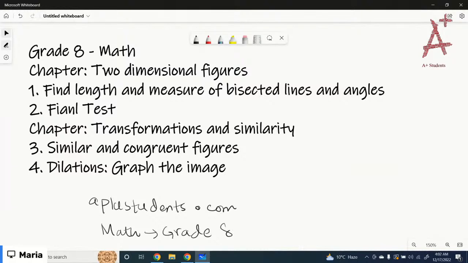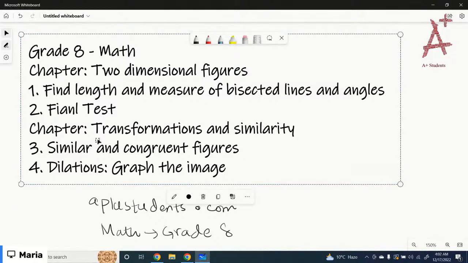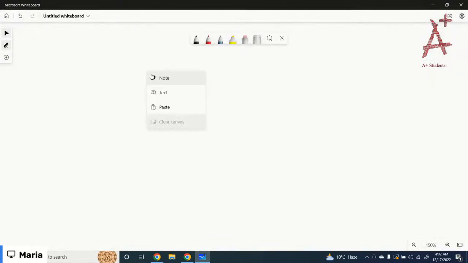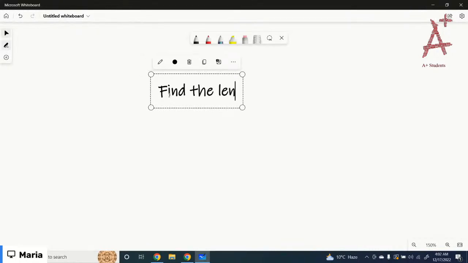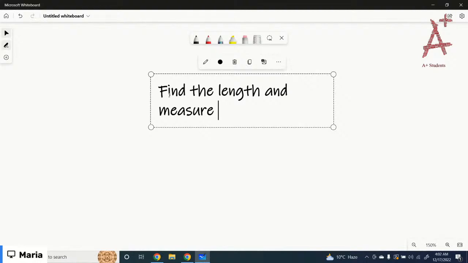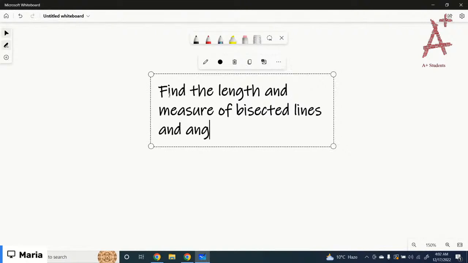Let's just start with the first lesson, that is find length and measures of bisected lines and angles. Let me write down the lesson name, then we'll start. Find the length and measure of bisected lines and angles.